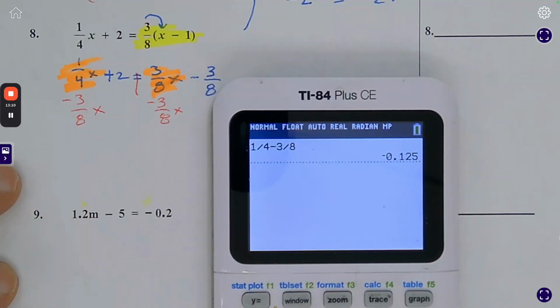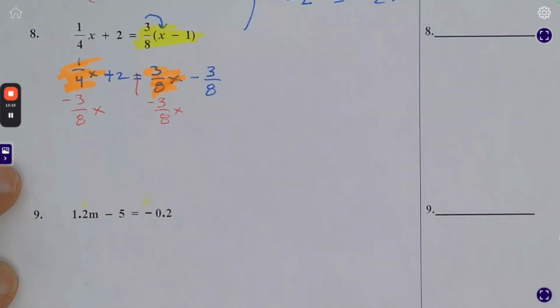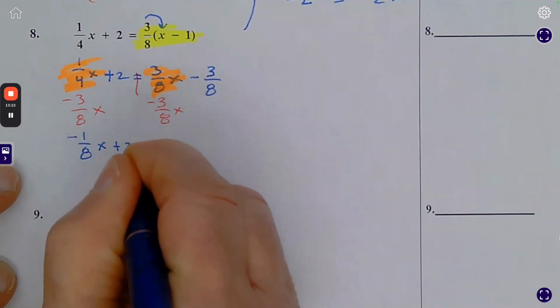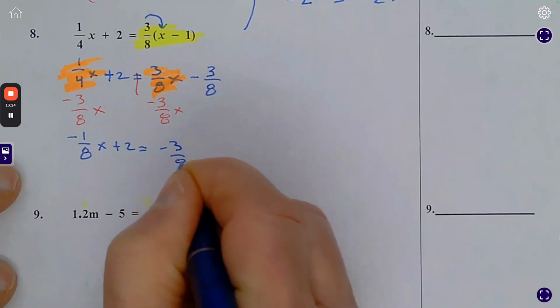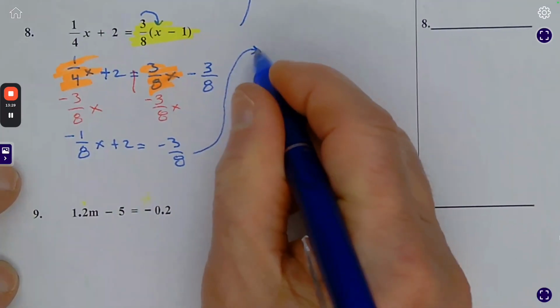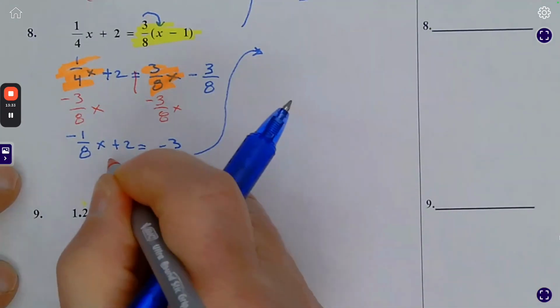I'm going to keep it in fraction form, so math, enter, enter, but you could use that terminating decimal if you want. That is negative 1/8 x plus 2 equals negative 3/8. All right, I'm going to go up here and subtract 2 from both sides.